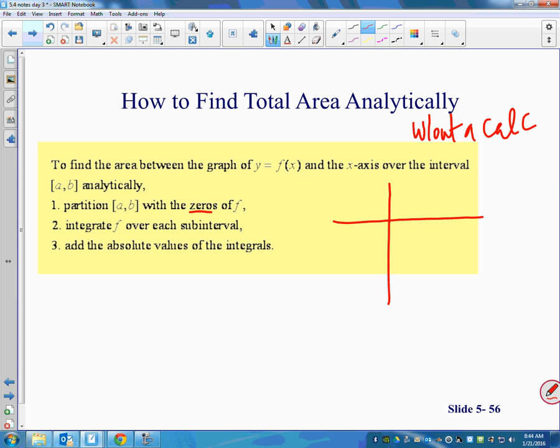Because if I had a function, you have to partition it up by the zeros, and you're going to find the area or the integral for each section, and you're going to disregard the negative, which means how do we do that in math? Take the absolute value of each section, so that you get all positive values.